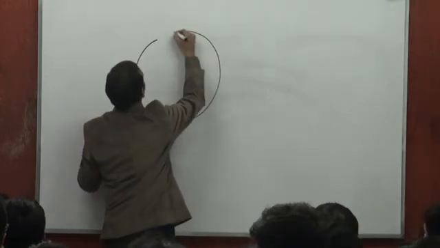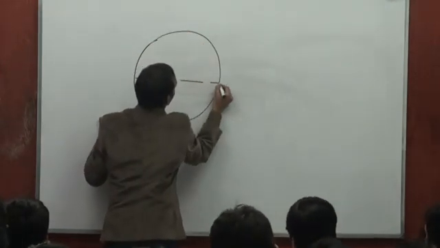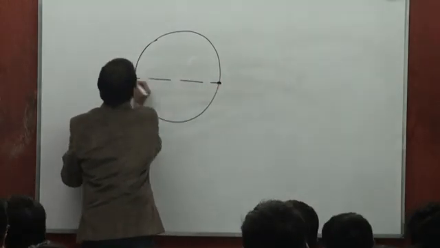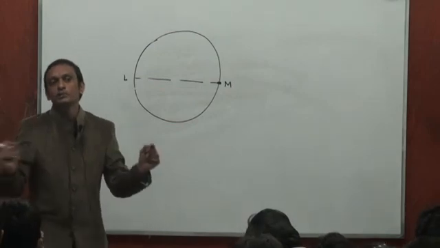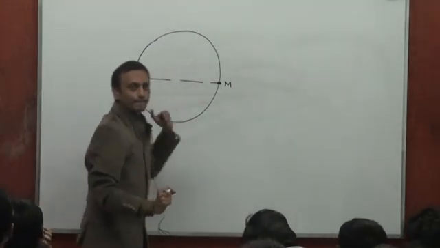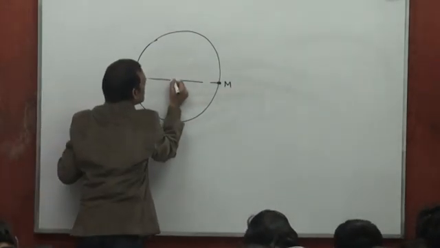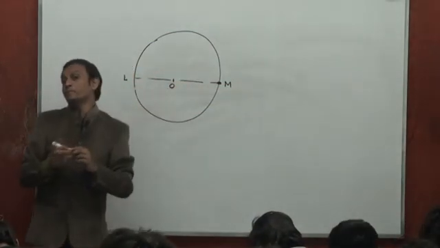let's say there was a particle executing simple harmonic oscillation between these two limits, L and M. That means the midpoint of this must be the mean position of that oscillator.